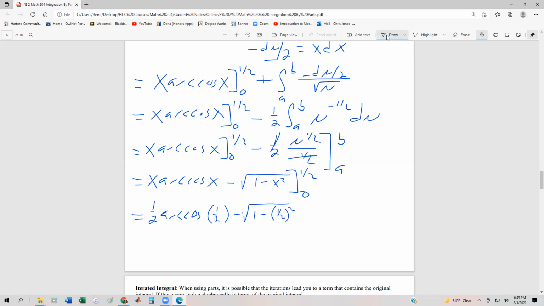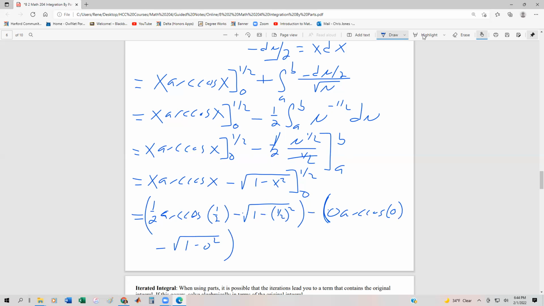Don't get too hung up on that. We'll get to it. And then we're going to substitute 0 in. So minus 0 arc cos of 0 and minus, this is still in this parenthesis right here, minus the square root of 1 minus 0 squared.